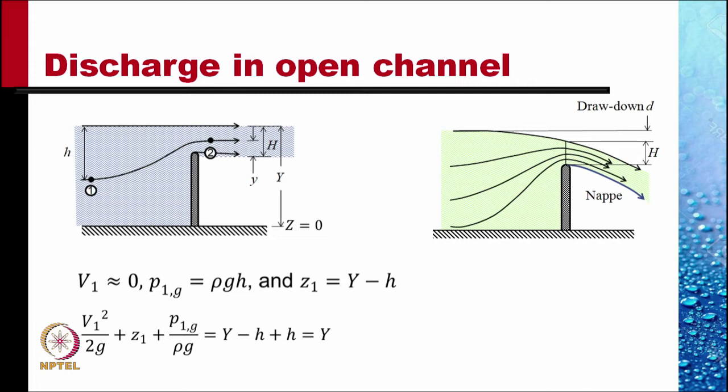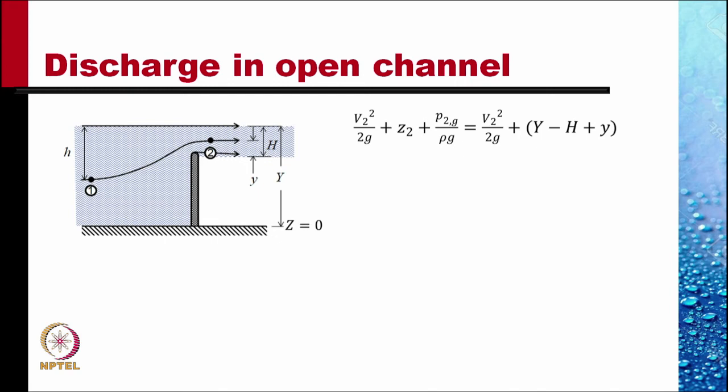And then the Bernoulli equation is written simply as V1 squared by 2g plus Z1 plus P1 by rho g, which is equal to Y minus H plus H, equal to capital Y. This is the evaluation at point 1.